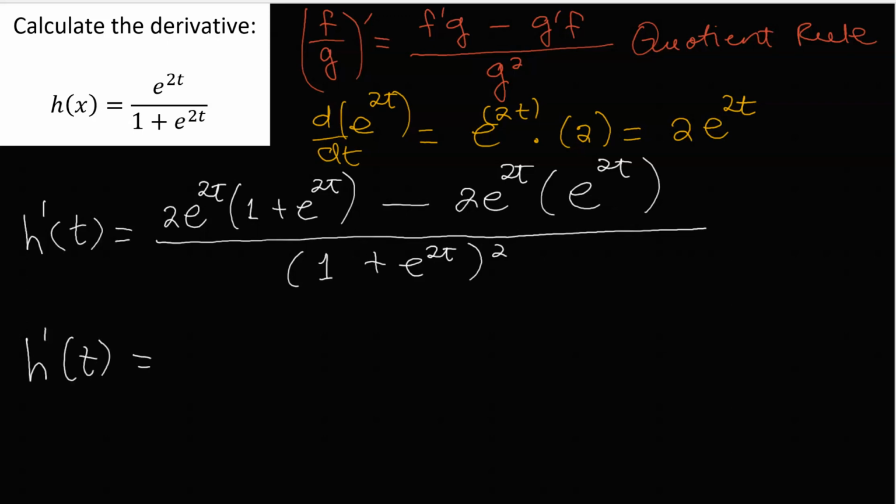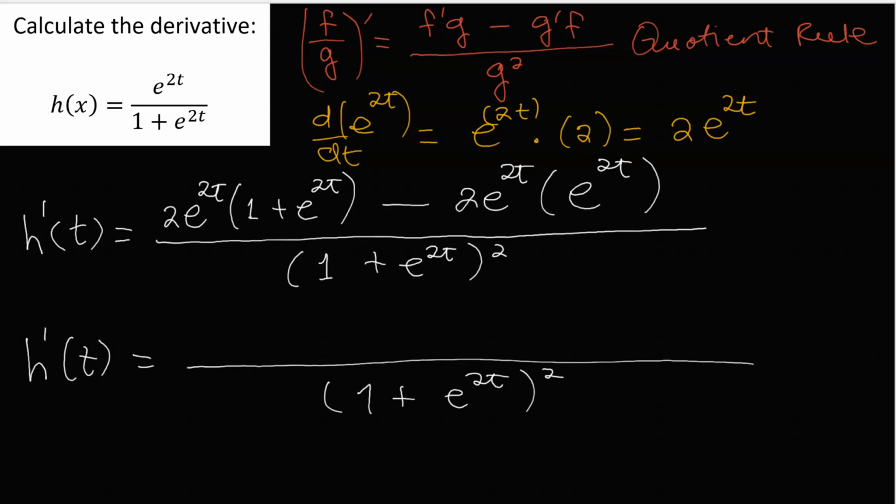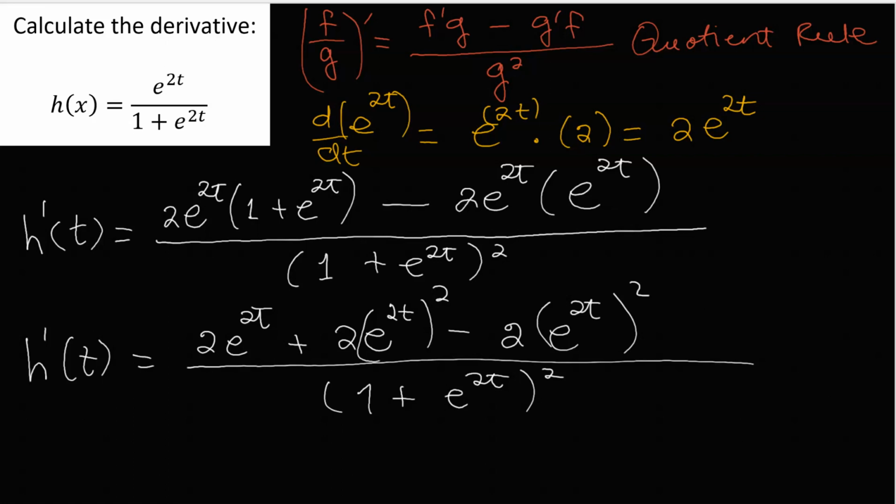So now what can you do with that? We actually need to just clean that up. 1 plus e to the 2t to the second power. Okay, and when we distribute this out, we will have 2e to the 2t plus 2e to the 2t squared minus 2e to the 2t squared.